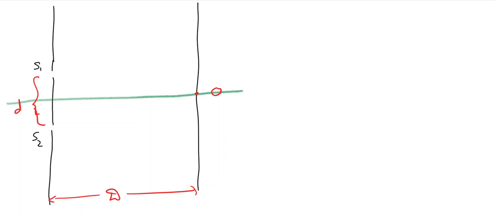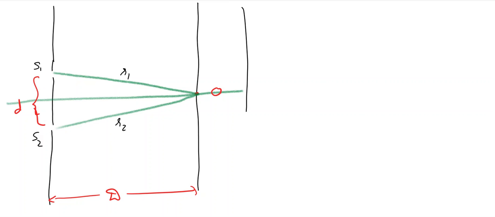Now we know that when you consider waves coming from S1 falling on O, and waves coming from S2 falling on O, their paths are equal. So if this is R1 and this is R2, what will happen at point O?